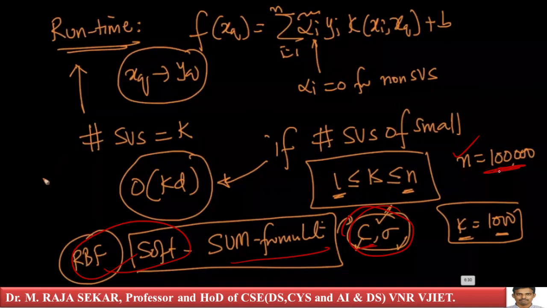Suppose you got the number of support vectors k equal to 1000, for optimal C star and sigma star, because these are your hyperparameters. Then your runtime complexity will be order of kd, isn't it? What is your runtime complexity? It's the order of kd.